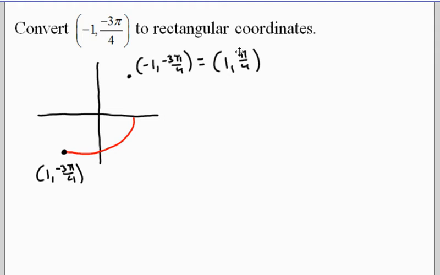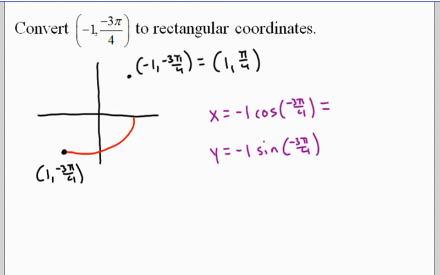Okay, but you guys, the nice thing about this is to find the x and the y, to find the x, we could just do the r times the cosine of the angle. And to find the y, we take the r times the sine of the angle. And I know that sine and cosine, whenever it's over 4, that references 45, they're always square root of 2 over 2. And in this case, we're in the third quadrant where only tangent's positive, so they're both negative.